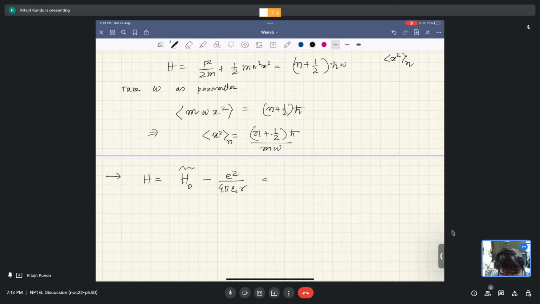So now I can write this in terms of H naught, h bar squared, minus m c alpha over r. Here alpha is the fine structure constant.